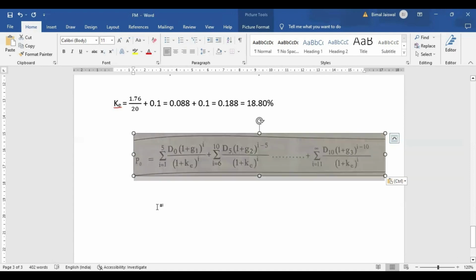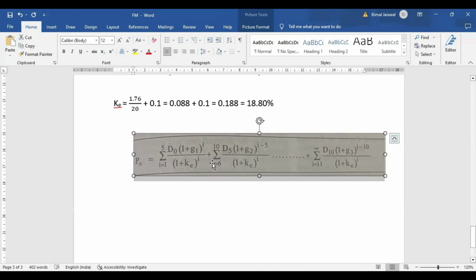What you can see here, P0 is the current market price. For the first 5 years, it is growing at a growth rate, suppose we say 4%.